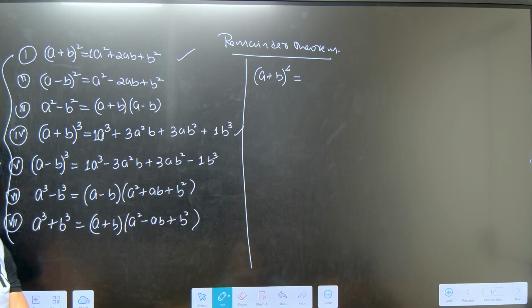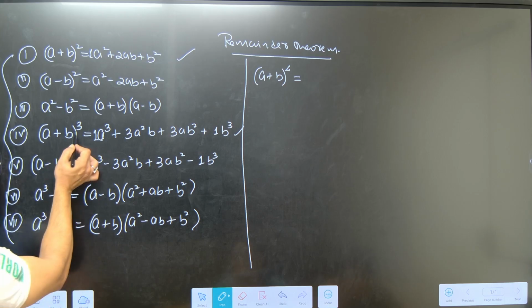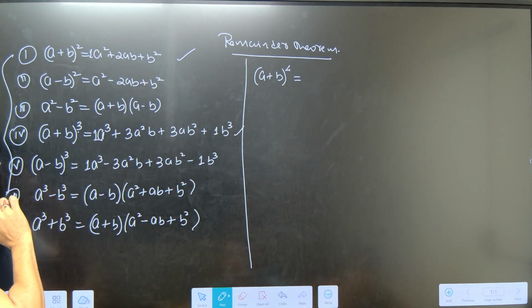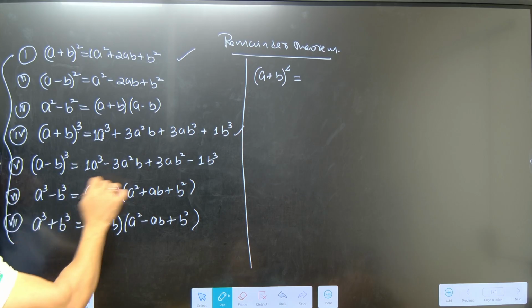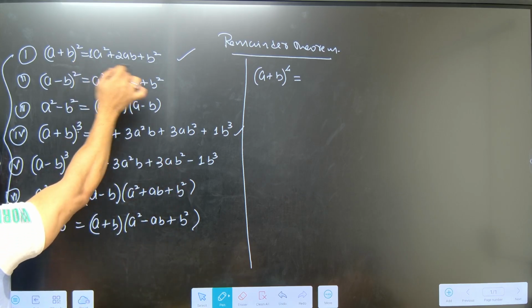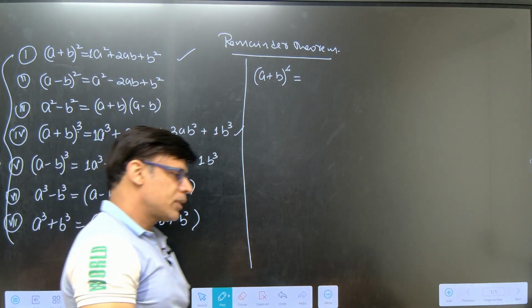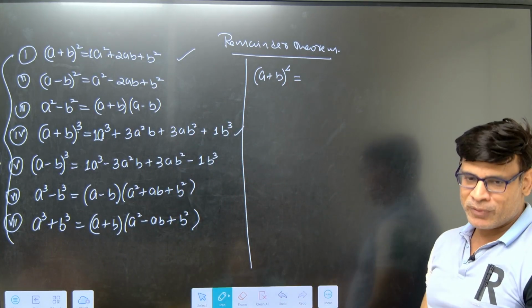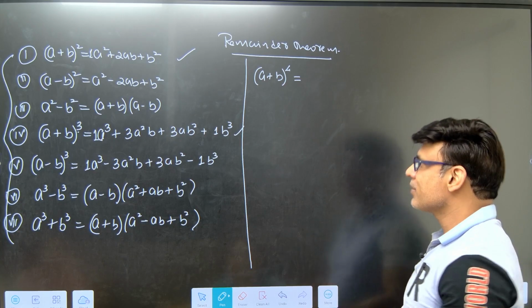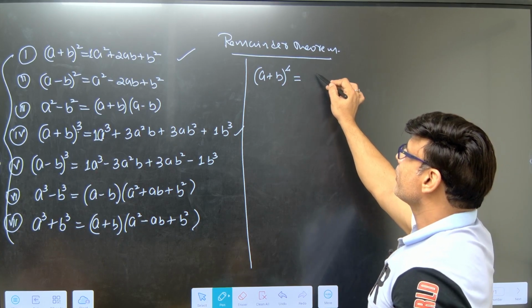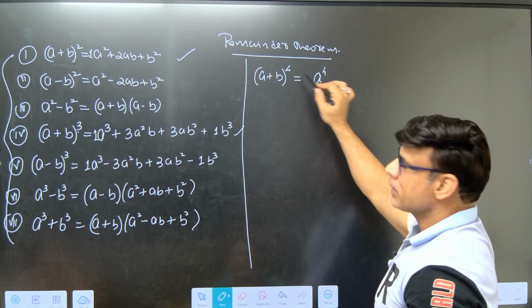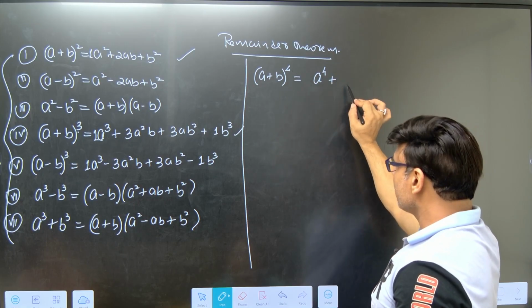Clear? Second thing, what is the power? Number of terms? 4. 1, 2, 3, 4. Power 2, number of terms? 3. So the number of terms follows the power, and it will alternate. First will be a raised to the power 4. Since there is a plus sign, everything will be plus, with some coefficient.